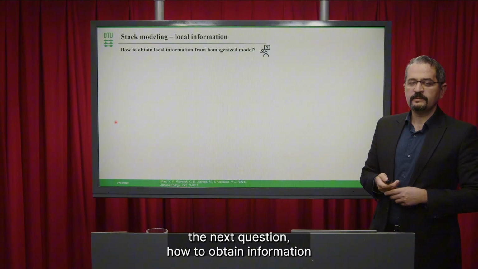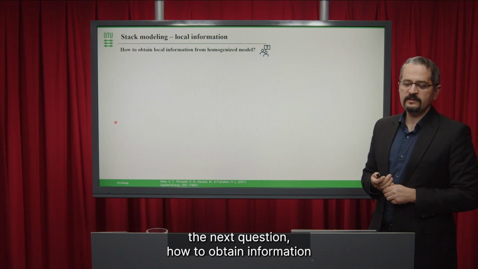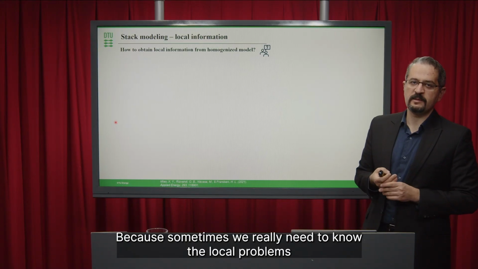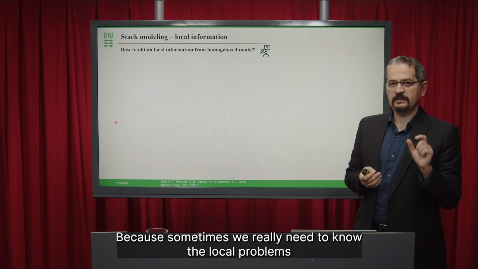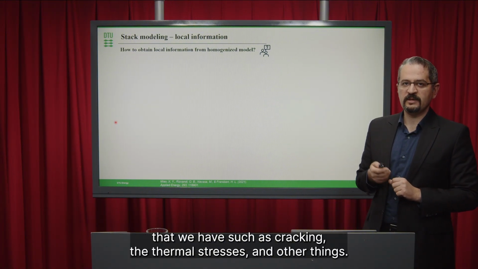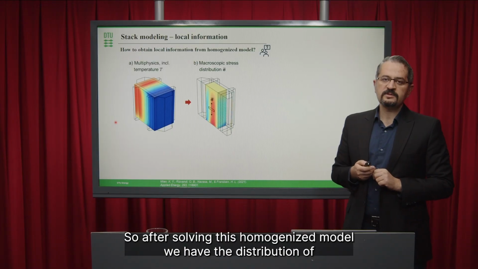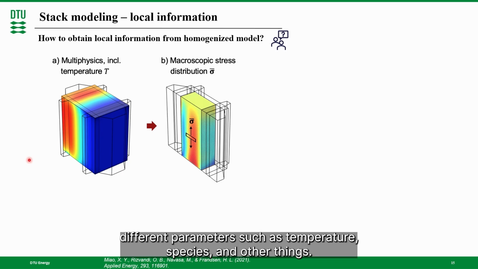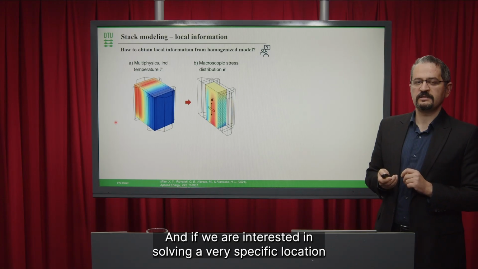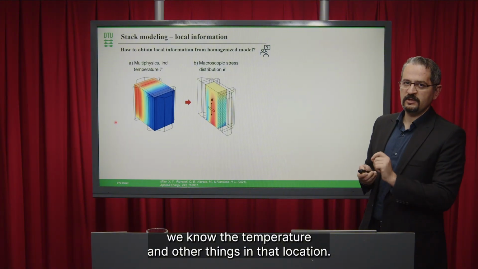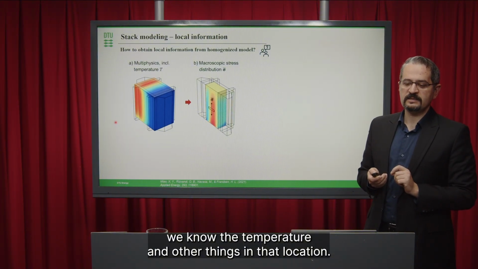because there's a symmetry between the left and right, and to reduce the computational power, we solved only half of it. So the next question is how to obtain information about local parameters from this homogenized model, because sometimes we really need to know the local problems that we have, such as cracking and thermal stresses. After solving this homogenized model, we have the distribution of different parameters, such as temperature, species, and other things. If we are interested in a very specific location, we know the temperature and other quantities at that location.